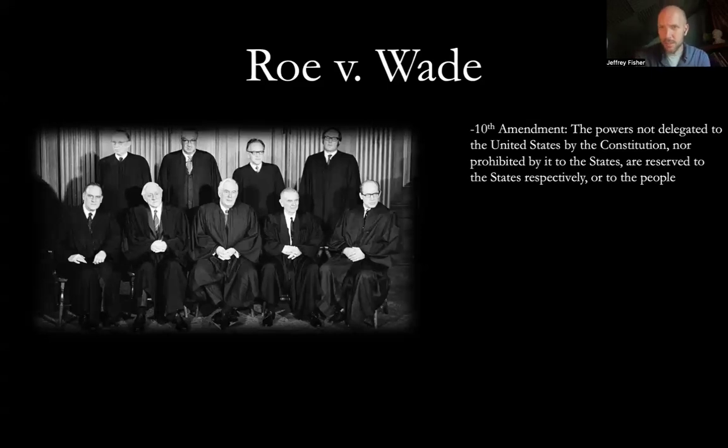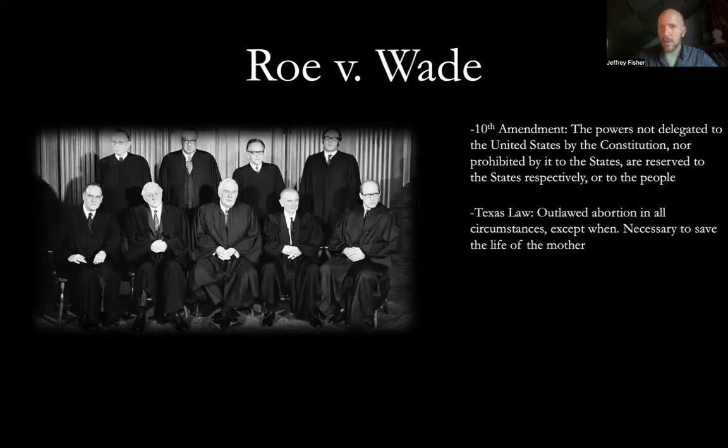And Texas, along with some other states, Texas was not alone, chose to regulate abortion by more or less totally disallowing it. So the Texas law, which had been on its books for nearly 100 years by the time Roe versus Wade came about, more or less completely prohibited abortion.